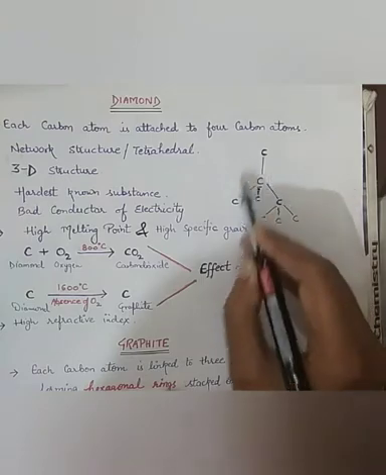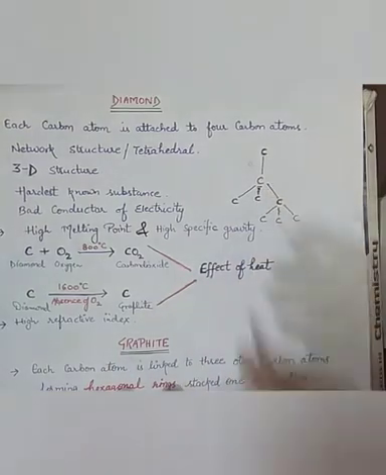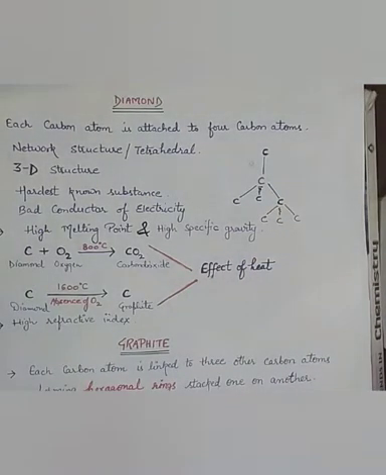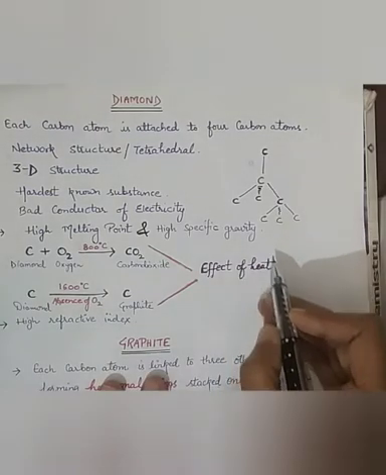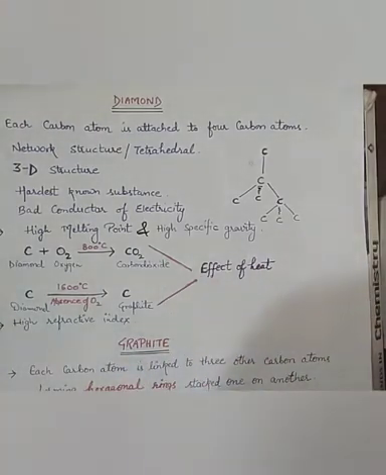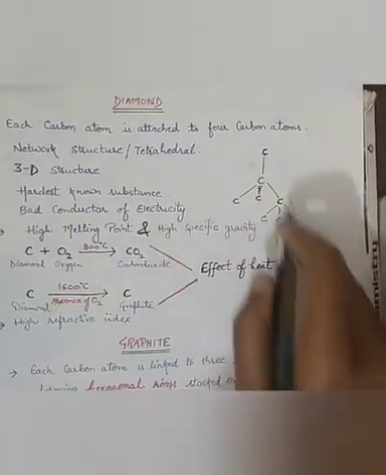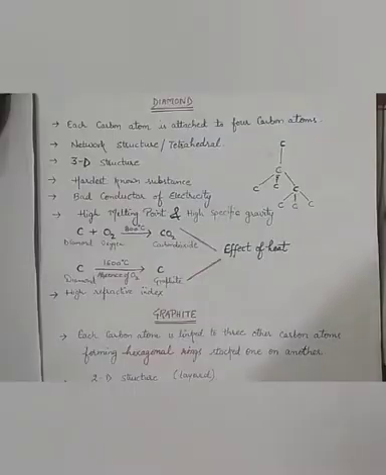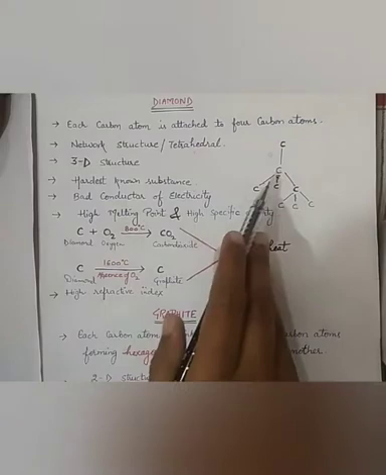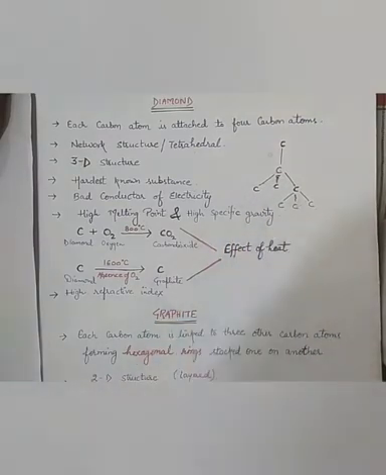Likewise, each and every carbon atom is attached to 4 carbon atoms, and like that they form a net-like structure. That's why we say diamonds have a network structure. You can also say they form a tetrahedral structure. This network of carbon atoms extends in 3 dimensions and gives it a very hard, rigid structure.